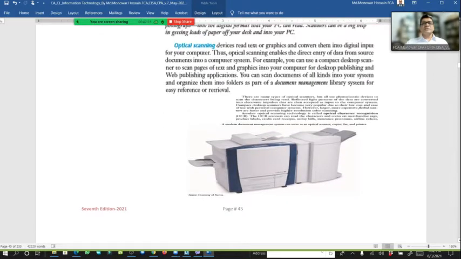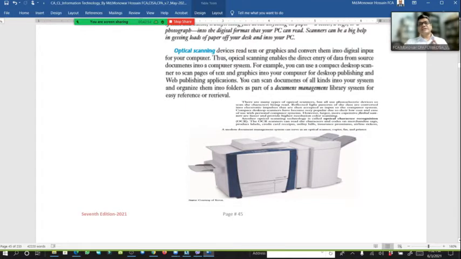This is the optical scanner device: it reads text and graphics and converts them into digital input for your computer. For example, if you have a PDF file, you can convert it into a Word file. It makes the work easier because you can rectify it.